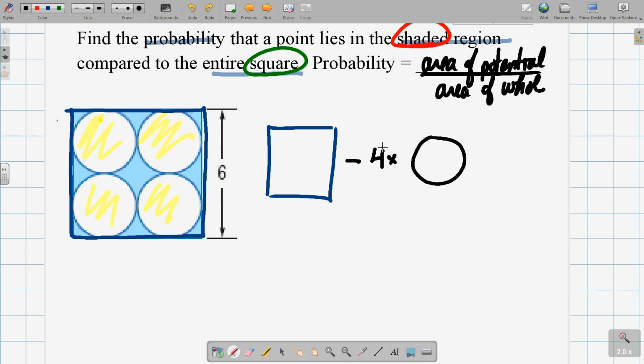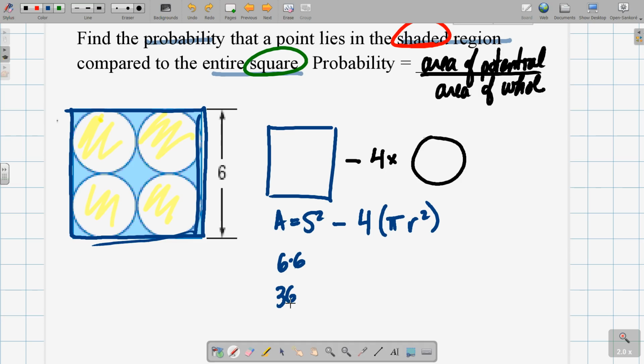Now let's make your thing equation. Area of this, since it's a square, is just side squared, minus 4 pi r squared. Our length and our width here, of course, is going to be 6 times 6, 36. Check for units, units squared.